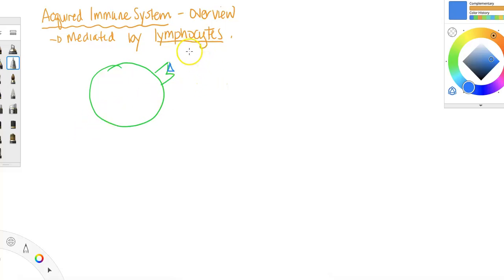So the lymphocyte will bind to a specific antigen.